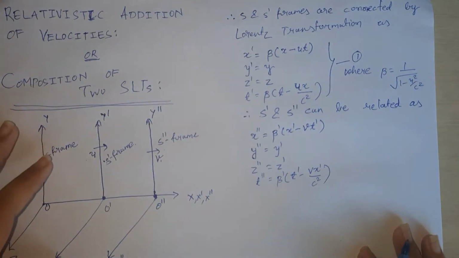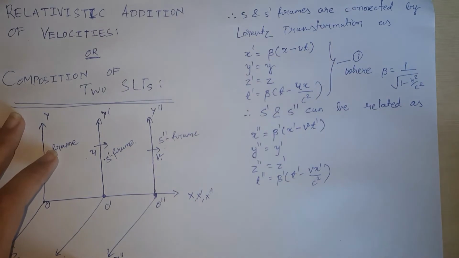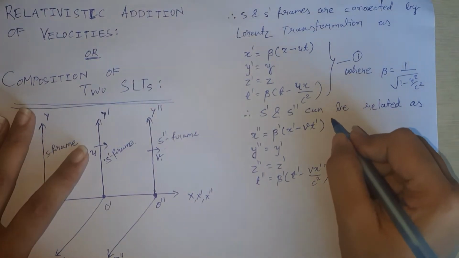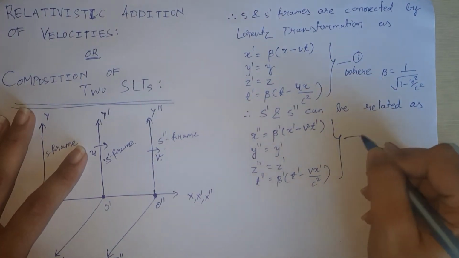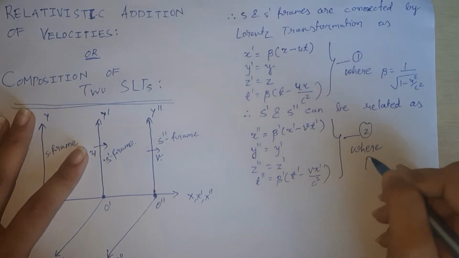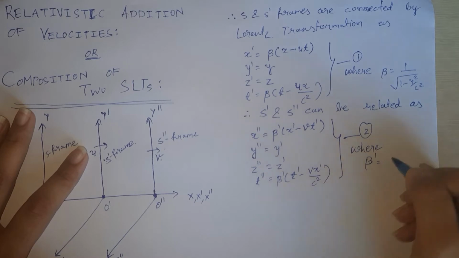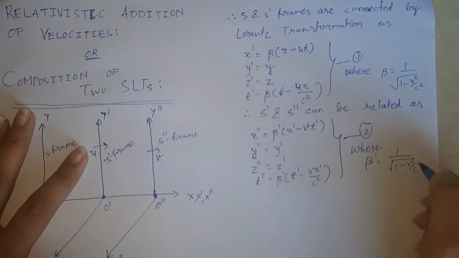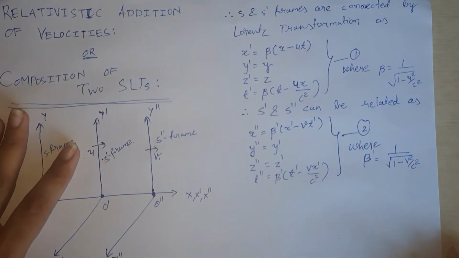The c square will not change because it is the constant, the speed of light. We will name this equation 2, and here the value of beta dash is given by 1 upon under root 1 minus v square upon c square.